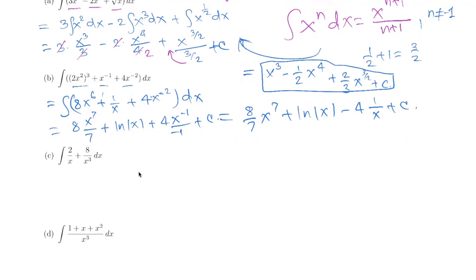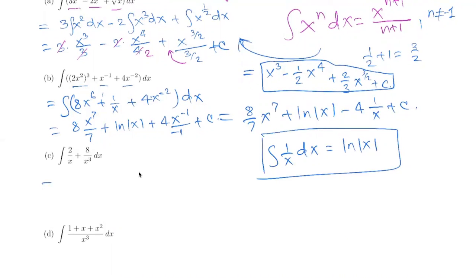In part C, we got 2 over x plus 8 over x cubed, two terms, pretty simple. And we just saw when we have 1 over x, this is just ln of x. And if we have a number on the top, we can simply pull outside. So in this case, you can separate into two fractions, 2 over x and 8 over x cubed.